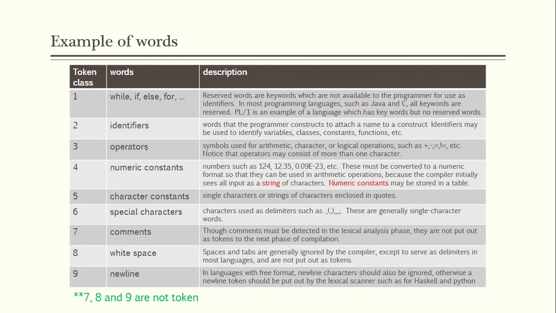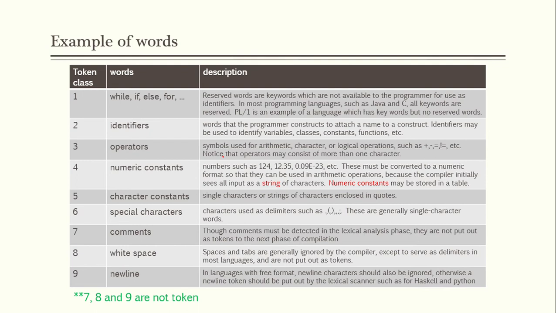This word is for the programmer to construct and use in the program, for your variable name, method name, function name, something like that. It means that the programmer created it. The third token class is operator. The operator is any symbol or character, arithmetic operator, logical operator, and so on.